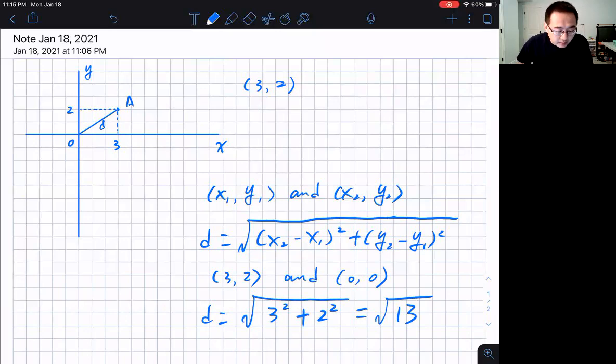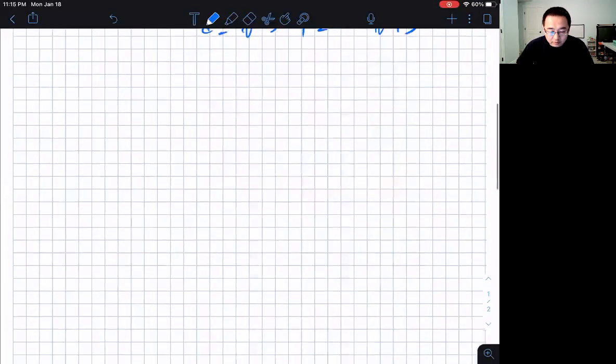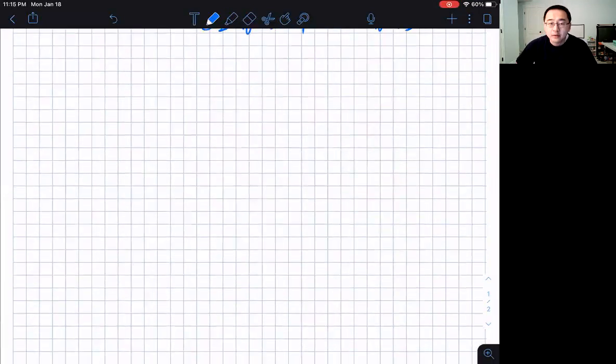Now, I mentioned that this kind of system is relevant for us because in economics, many things you deal with, or have dealt with so far, have two variables, right?